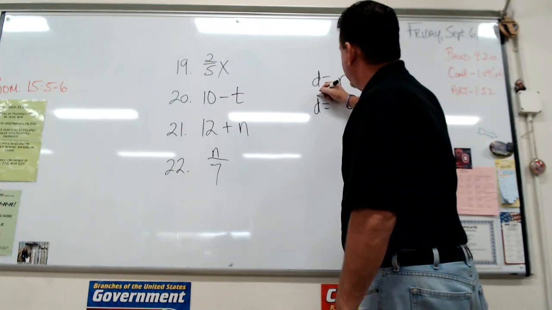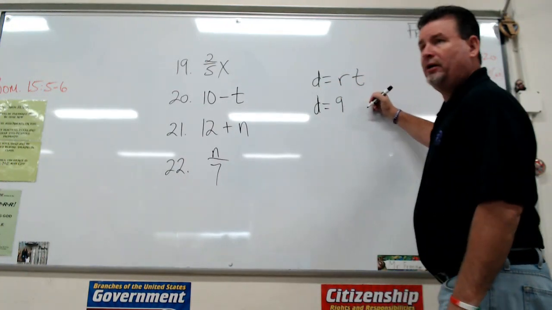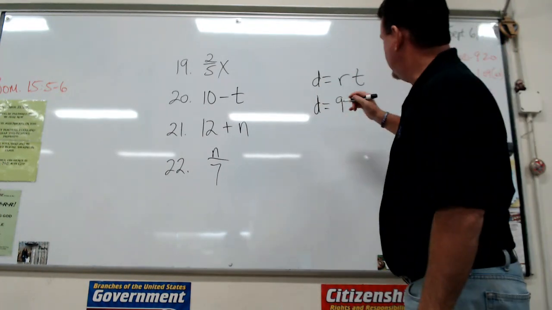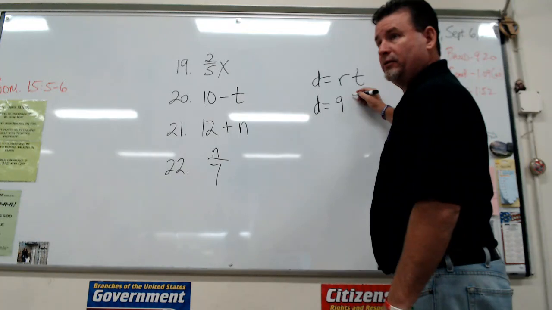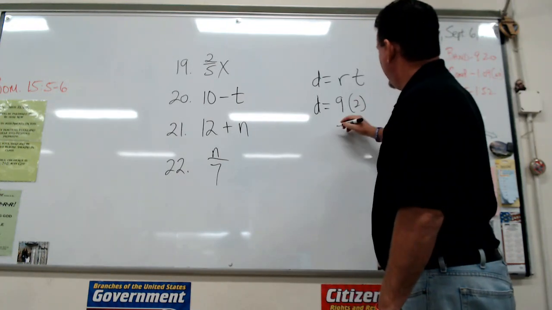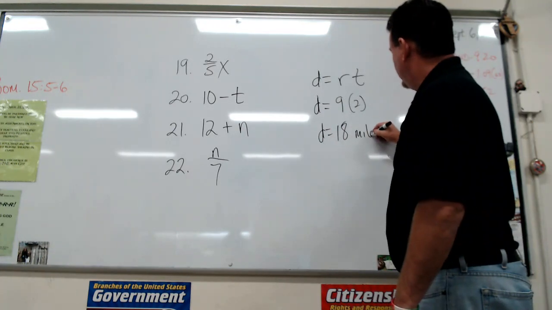How far? Distance. They gave you the rate is 9 miles per hour. Now they gave you the time. What's the time, Jaden? Times 2, right? And Jaden says then the distance you travel is 18 miles.